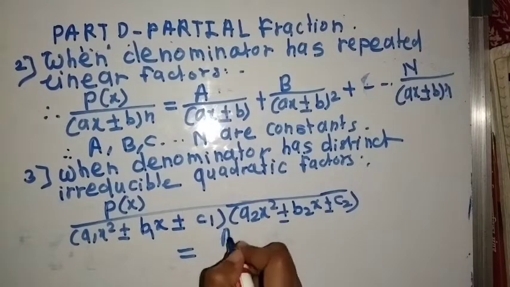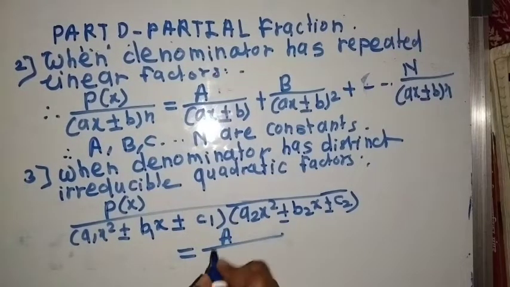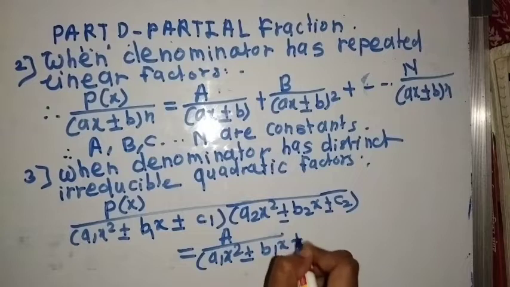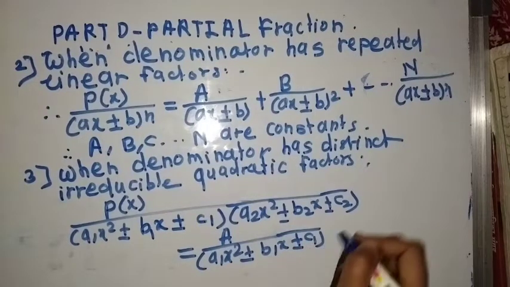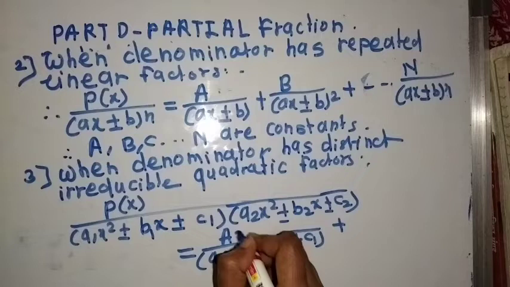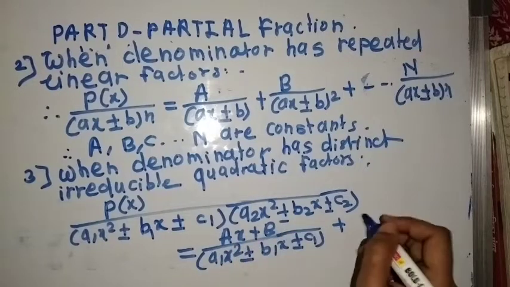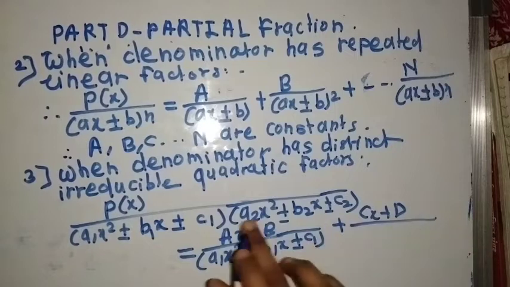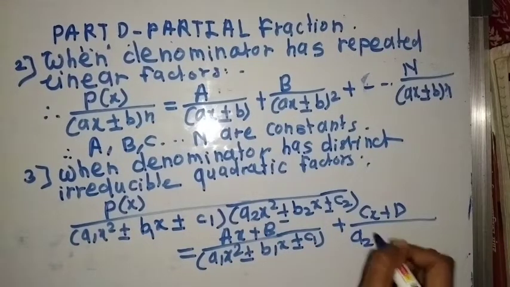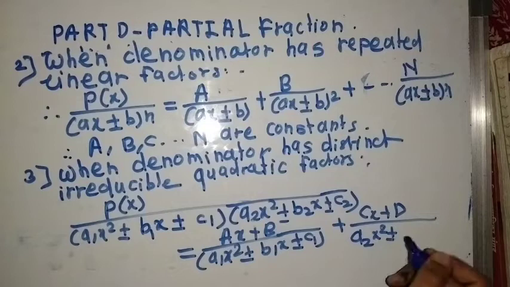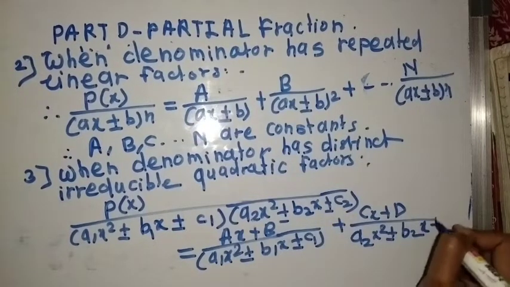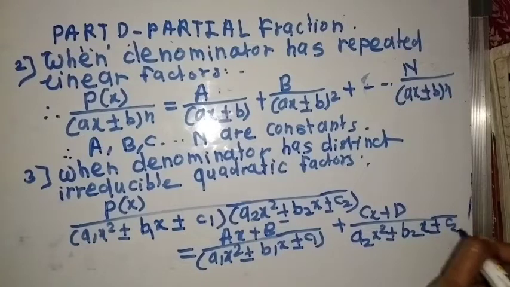Then we write (Ax plus B) upon (a1x squared plus or minus b1x plus or minus c1) plus (Cx plus D) upon (a2x squared plus or minus b2x plus or minus c2).